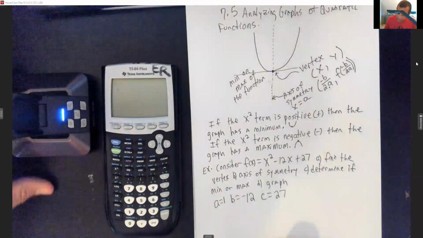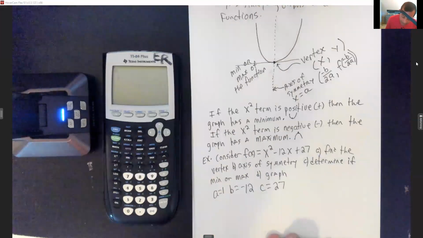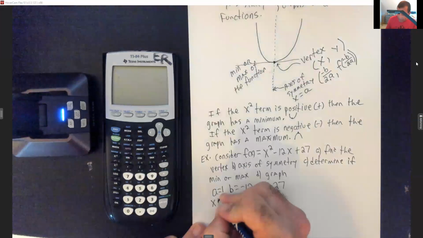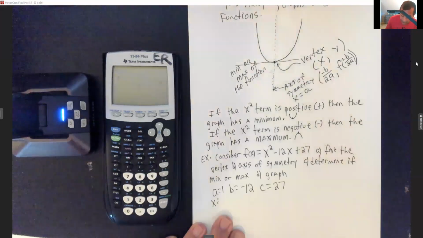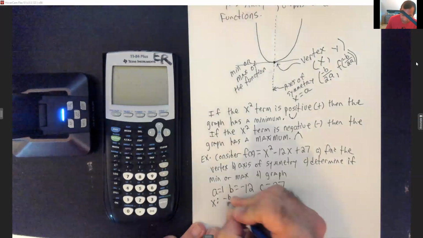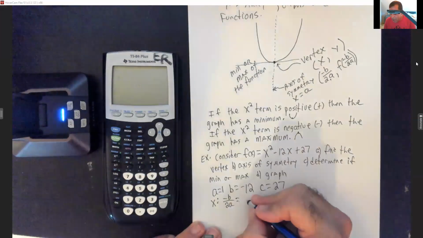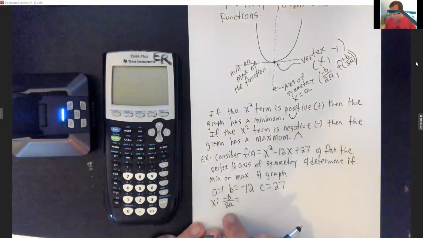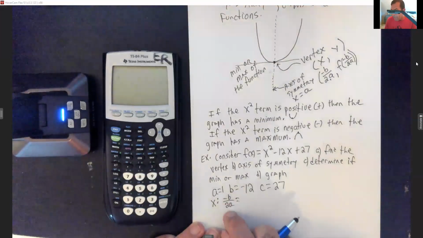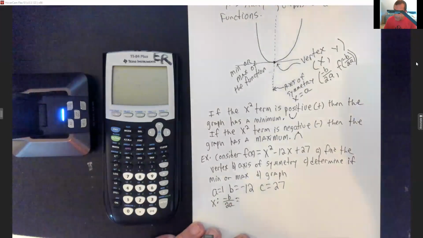All right, so I'm finding the X coordinate of the vertex first. That's going to be negative B over 2A. You'll notice that's sort of like part of the quadratic formula, okay? And then it takes that radical stuff and goes each side to get the 2 zeros.